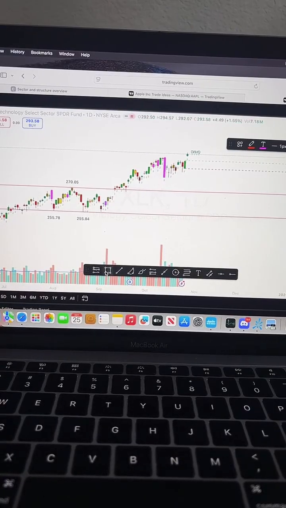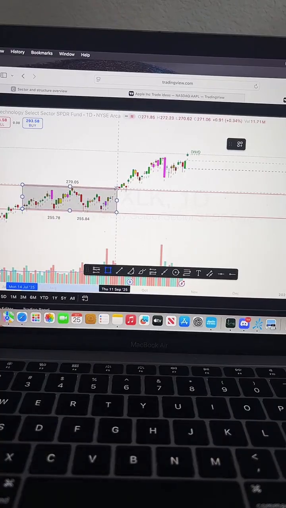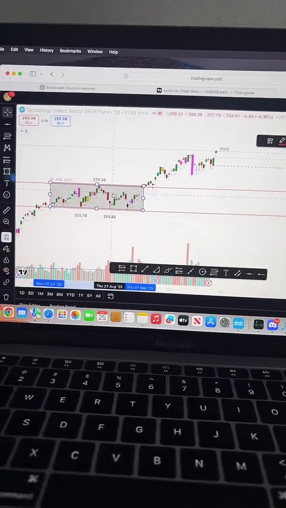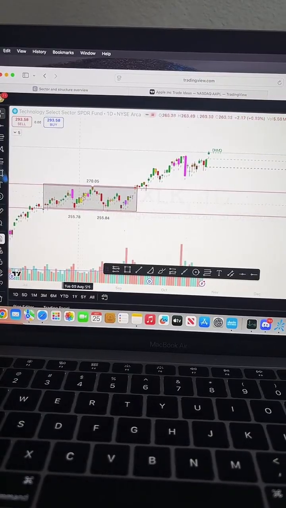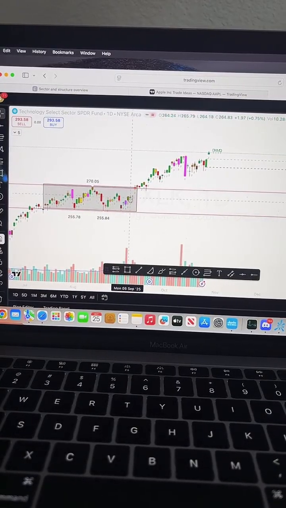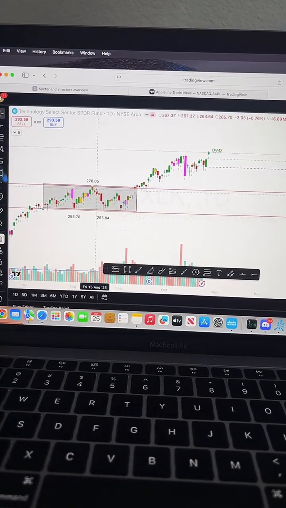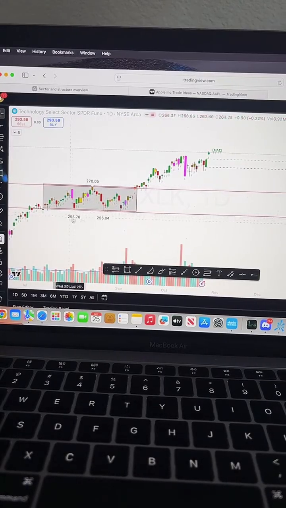From this level, from about all of this, it was consolidating. So the structure was sideways, consolidating. It cannot form an uptrend or a downtrend until this 270 was broken or this 255-ish area was broken.